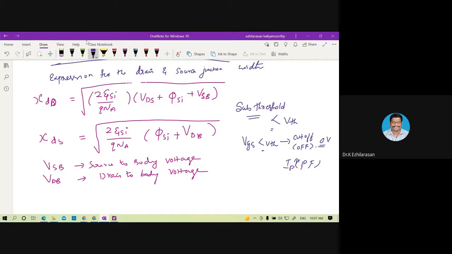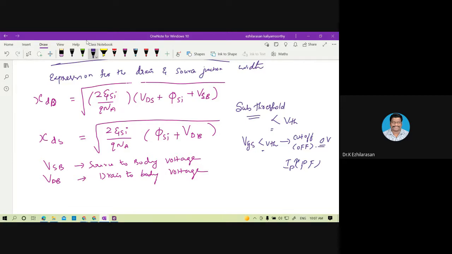As the drain depletion region continues to increase with the bias, it can actually interact with the source to channel junction and hence lowers the potential barrier.